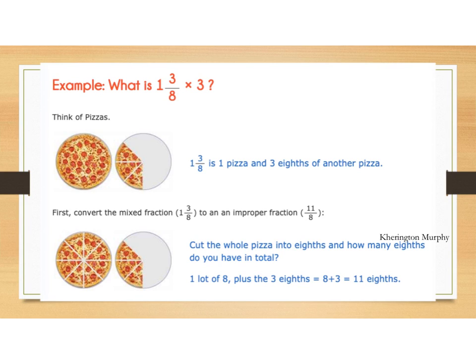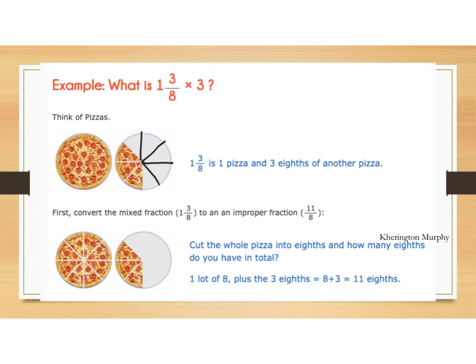What is 1 3/8 times 3? Think of this as pizzas. 1 3/8 is one pizza and 3/8 of another pizza. So if you were to divide the entire pizza into 8 sections, you have 1 full pizza and 3 slices out of 8. Then you have to convert the mixed fraction 1 3/8 to an improper fraction.